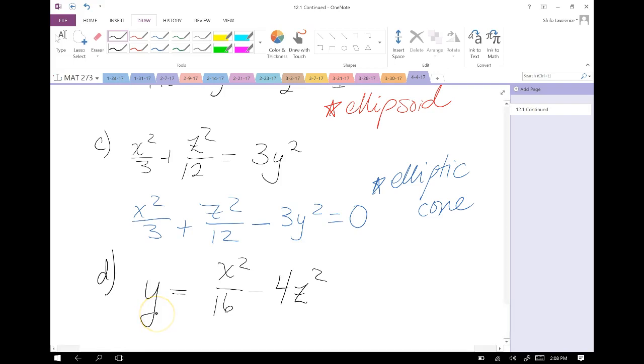If we set y equal to a constant, we've got hyperbolas in the xz plane. If we set z equal to 0, we've got parabolas in the xy plane. If we set x equal to 0, we've got parabolas in the yz plane. So we've got two different sets of parabolas and a set of hyperbolas. So this is our hyperbolic paraboloid.